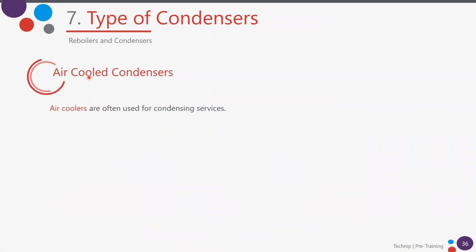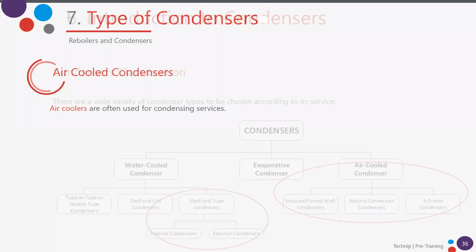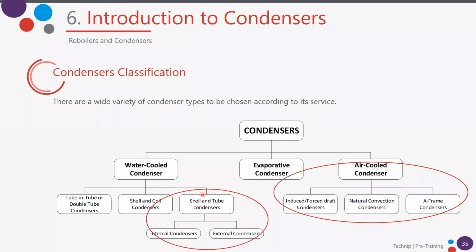We're going to start first with air-cooled condensers, and right after we will talk about the shell and tube condensers. But if you have any question up to now, please just let me know.